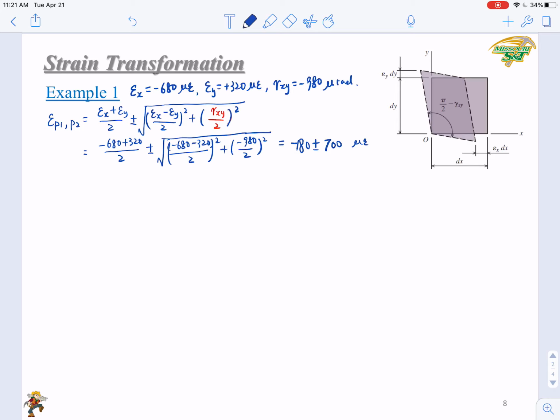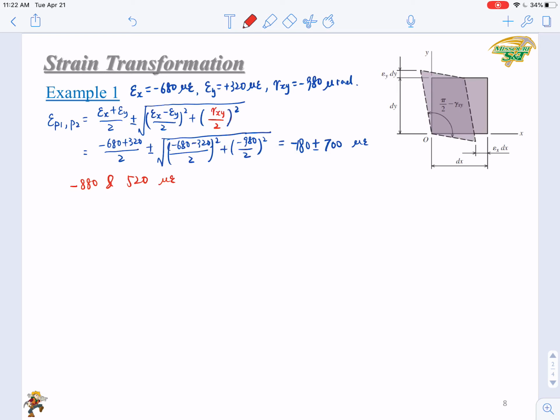So our two principal strains will be negative 180 minus 700, that is negative 880, and negative 180 plus 700, so you will get 520 microstrain. These are the two principal strain values.